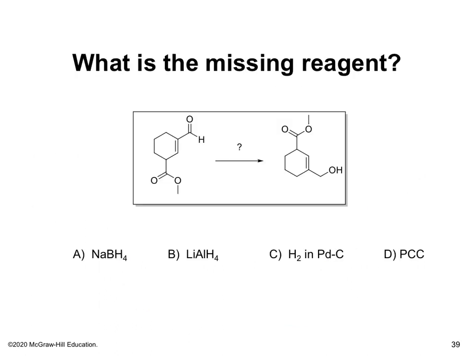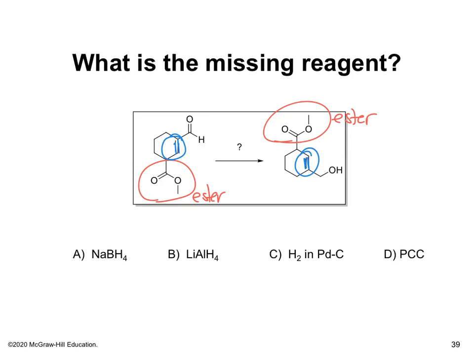What is the missing reagent here? Well, look at the functional group. We have an ester, and the ester is still intact, even though it's turned upside down. It doesn't matter. We still have the double bond, so the double bond has not been reduced.